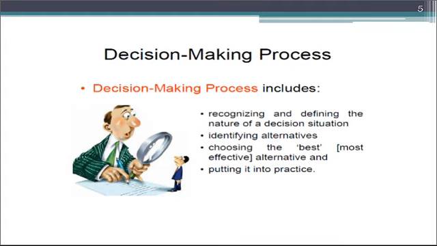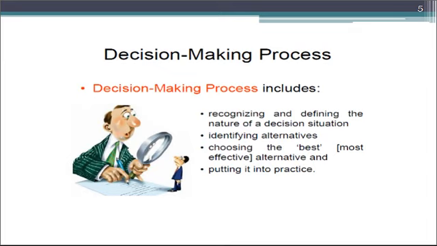Now, the decision-making process includes recognizing and defining the nature of a decision situation. So before taking the decision, we have to define, we have to identify what is the decision situation. Based on the decision situation, the particular alternative is going to be selected.